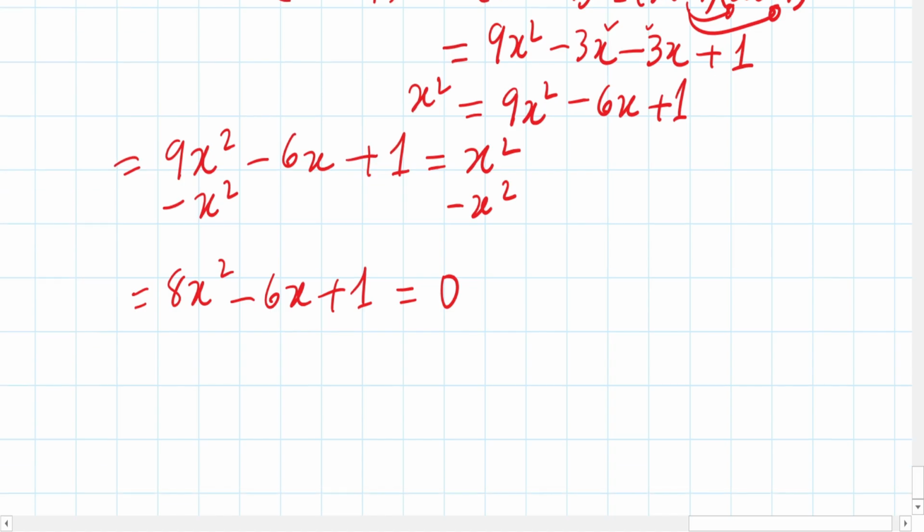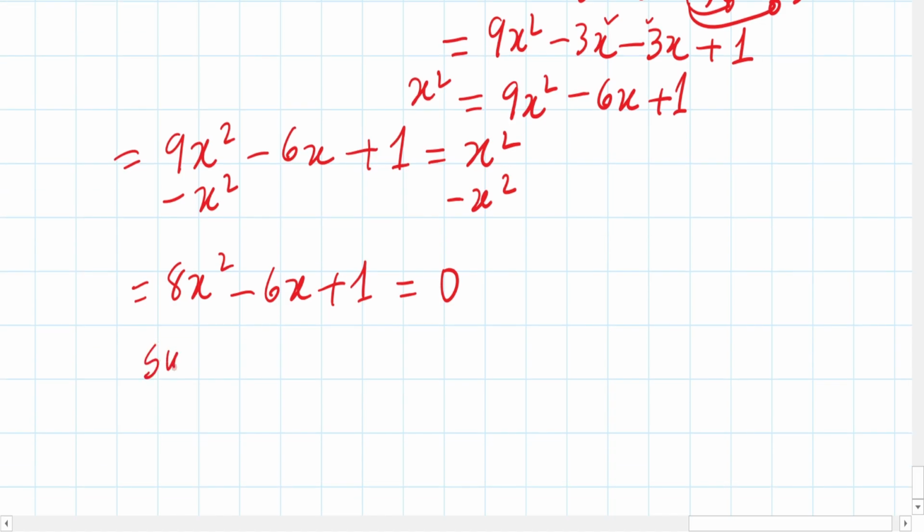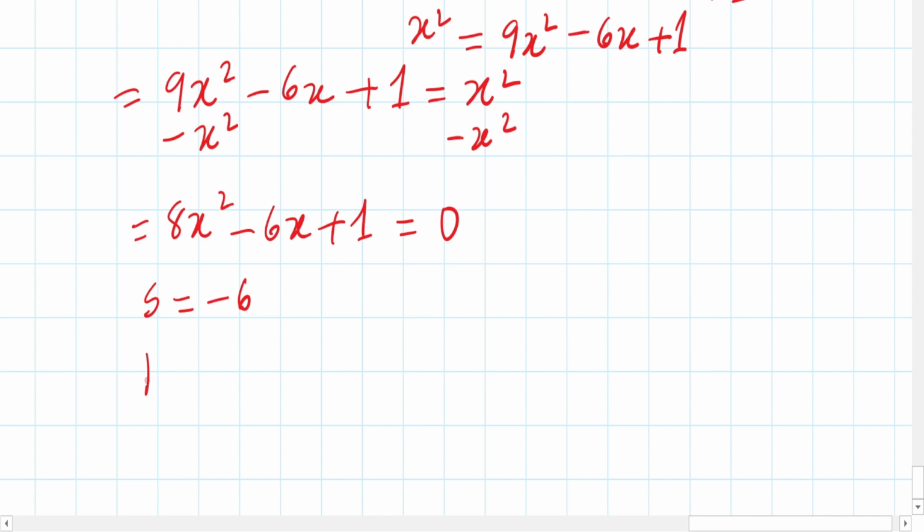Then now let's find the sum, product, and factors. So the sum is going to be negative 6. The product is going to be 8 times 1, which is 8. And the factors are going to be, if you add the two numbers, it gives you negative 6, and if you multiply them, it gives you 8.